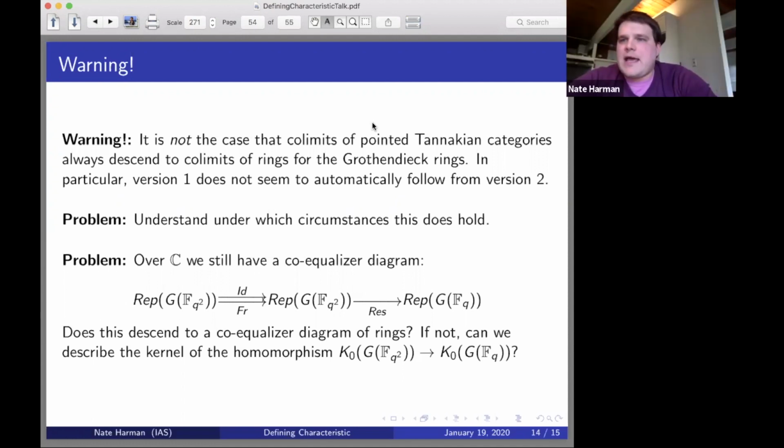Yeah, so you don't have this, but I do think it's reasonable to expect that we can think of the small quantum group as being somehow analogous to the Frobenius kernel.